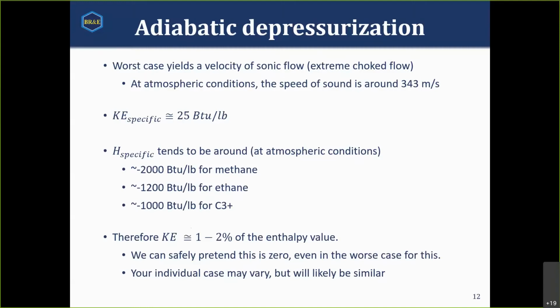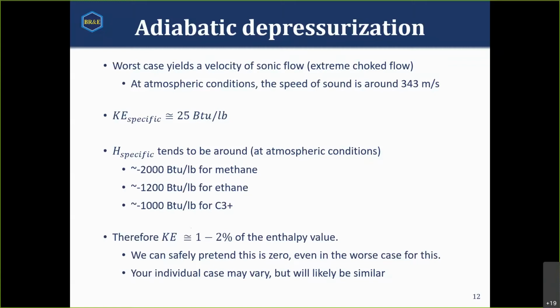Now, of course, we could get into a very long discussion about what the speed of sound is and why it changes. We could look at speed of sound as a function of pressure, temperature, composition, all this stuff. I am not going to. For the purpose of this class, let's simplify and use atmospheric conditions. We're venting to atmospheric pressure, so we'll assume our back pressure is atmospheric.